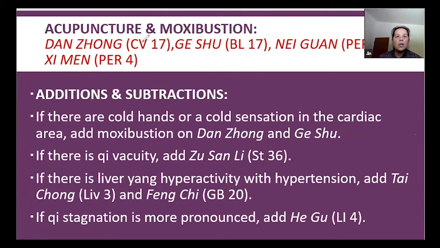For acupuncture treatment, the points are basically pretty similar to what we talked about, like Ren 17, Bladder 17, Pericardium 6, and Pericardium 4. Pericardium 4 also opens the chest.